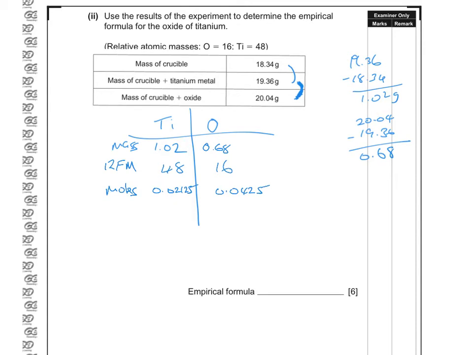So we divide by the smallest, which in this case is the 0.02125, and that will turn this into 1, and then it will go into this one 2 times. So there's a ratio. That means our formula is TiO2.